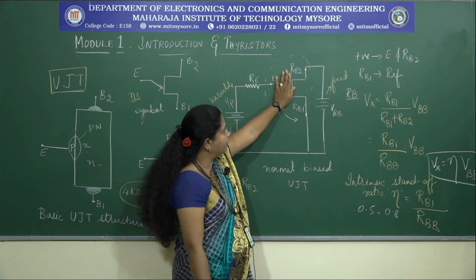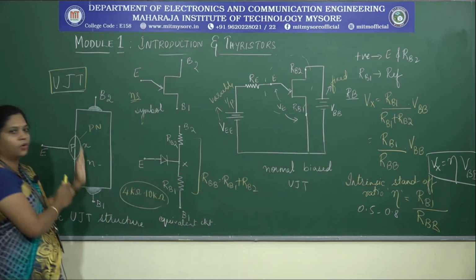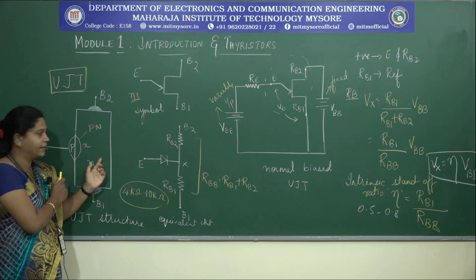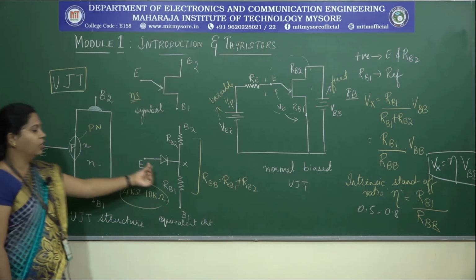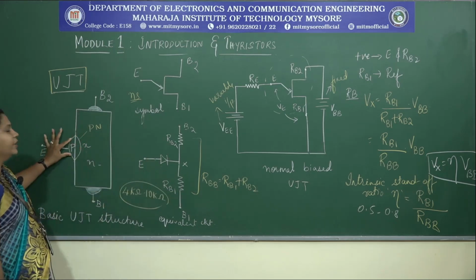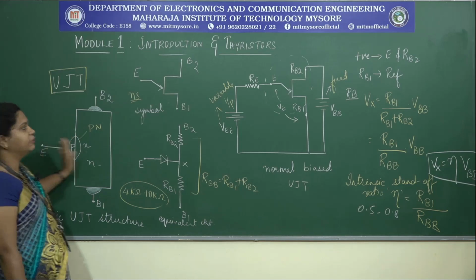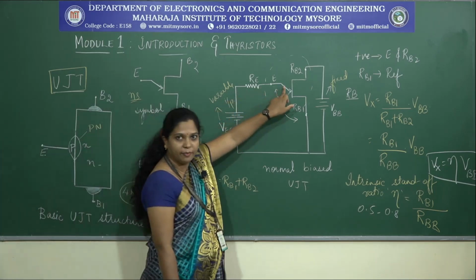This eta VBB is the voltage present only in the lightly doped N region. Now, when we say the emitter diode is forward biased, we are going to apply a positive potential. You can see here VEE is applied to the emitter.